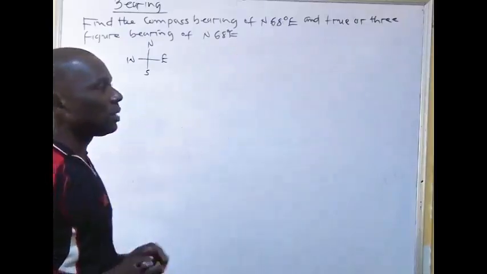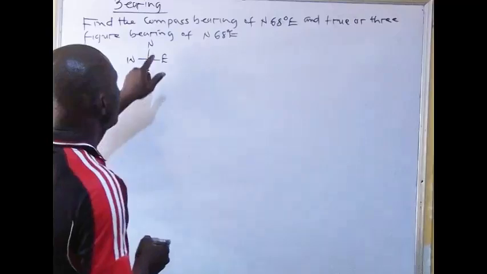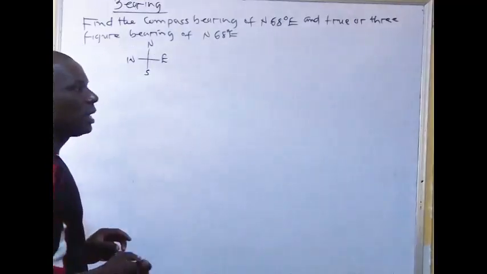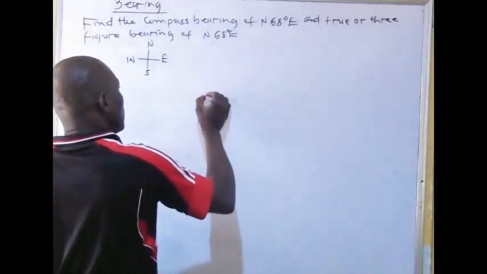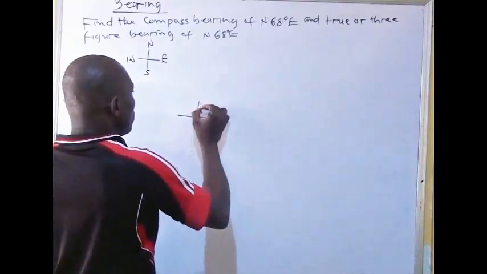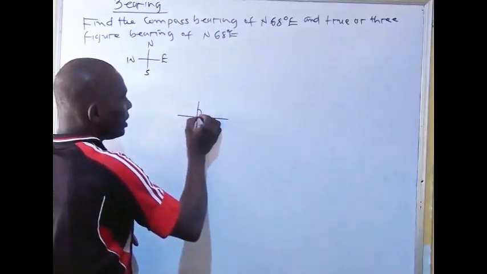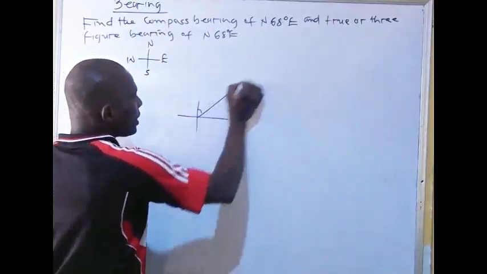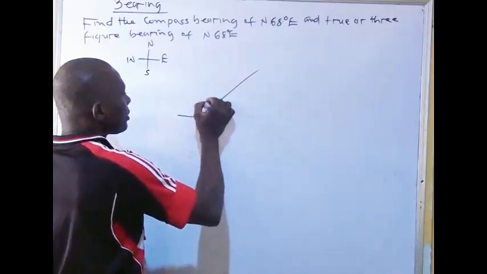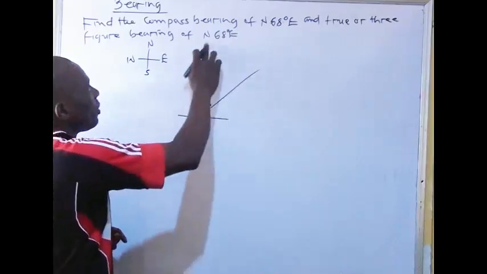68 degree northeast. So here this can be situated in this part. Usually we are not measuring it to scale here, but we just know that this is 68 degree northeast, moving from north to east.